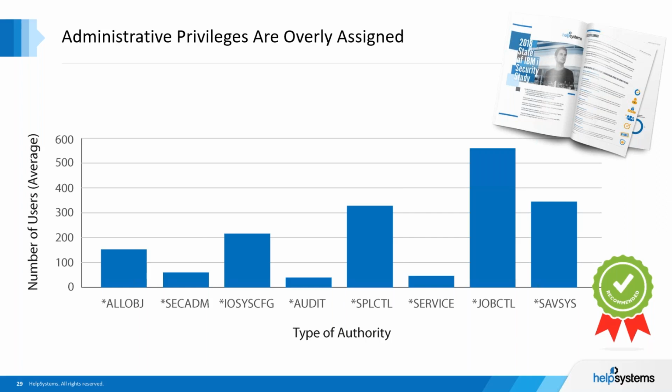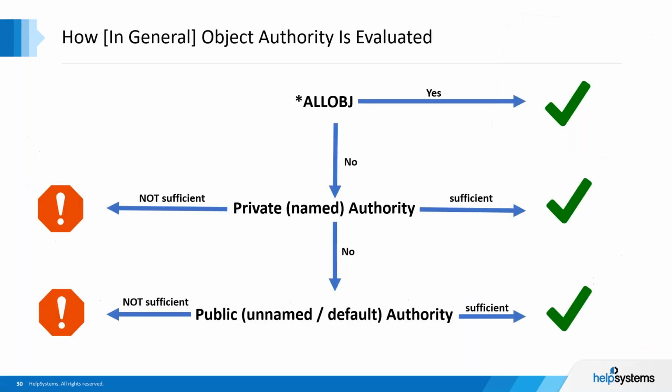No discussion about user privileges is really complete without some discussion around object access. And for many of us, we're not really comfortable with how the operating system makes a determination whether a user is authorized to an object or not.